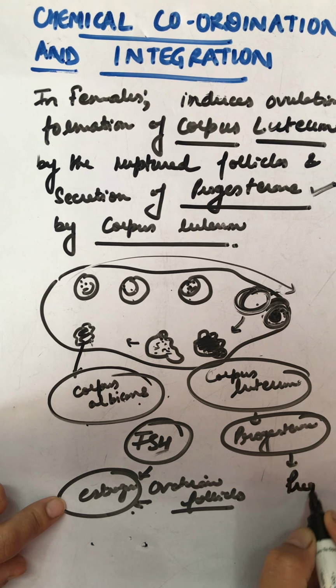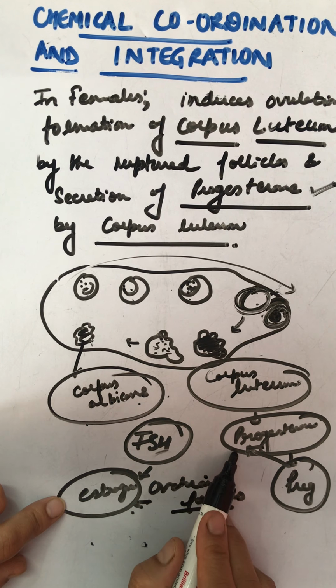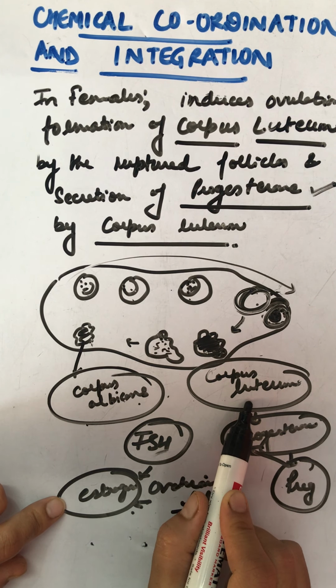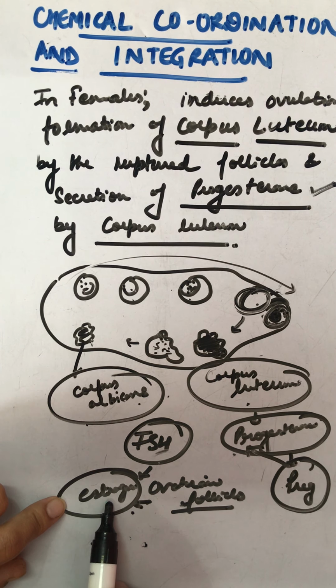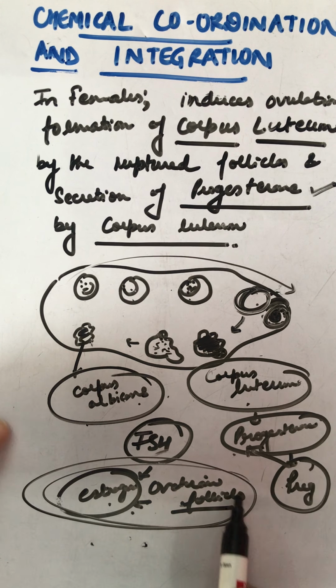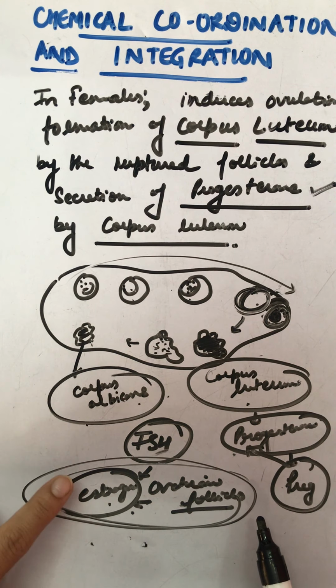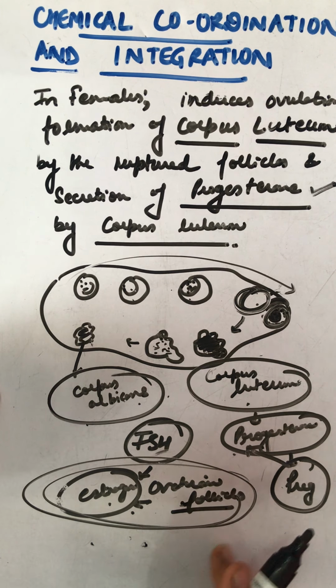So what you have to keep in mind, pregnancy by progesterone, PP, all right, and secreted by corpus luteum. FSH basically secretes this estrogen, which is responsible for the follicular growth and development. Over there estrogen is secreted. I hope it's clear now.